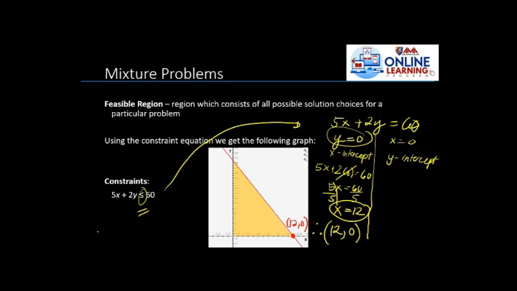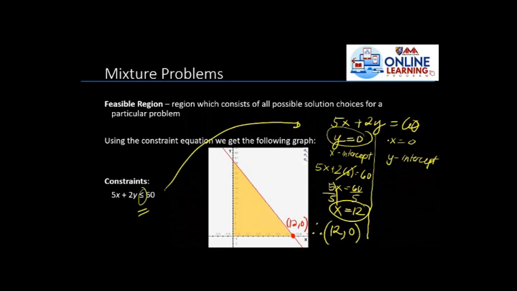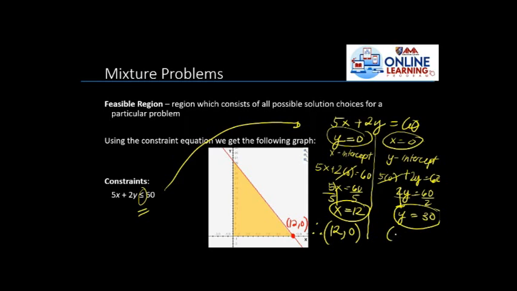Next is the y-intercept. So, 0 ang x. That is 5 times 0 plus 2y equals 60. Cancel ito. That is 2y equals 60. Divide both sides by 2. So, y natin is 30. Yung y-intercept natin, x is 0, y is 30. So that is (0, 30).